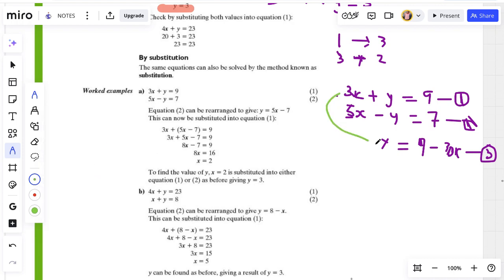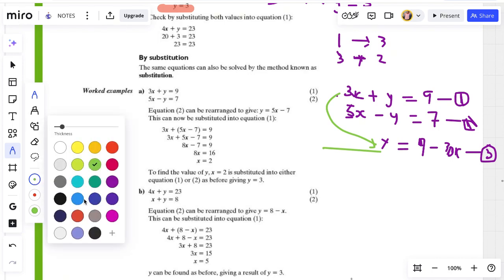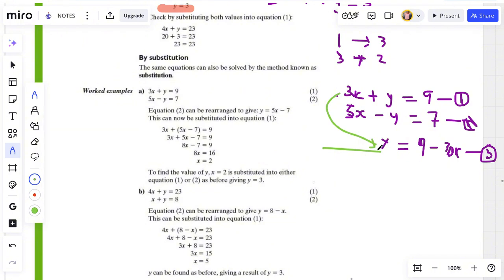Now what we're going to do is to substitute this equation 3 into equation 2. Okay, so what does that mean? Meaning anywhere I see y, I'll put 9 minus 3x. Anywhere I see y. So I'll write 5x.